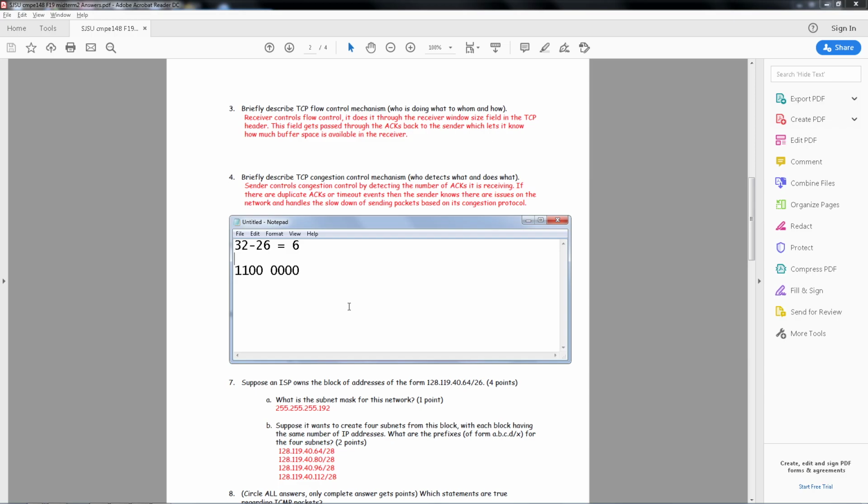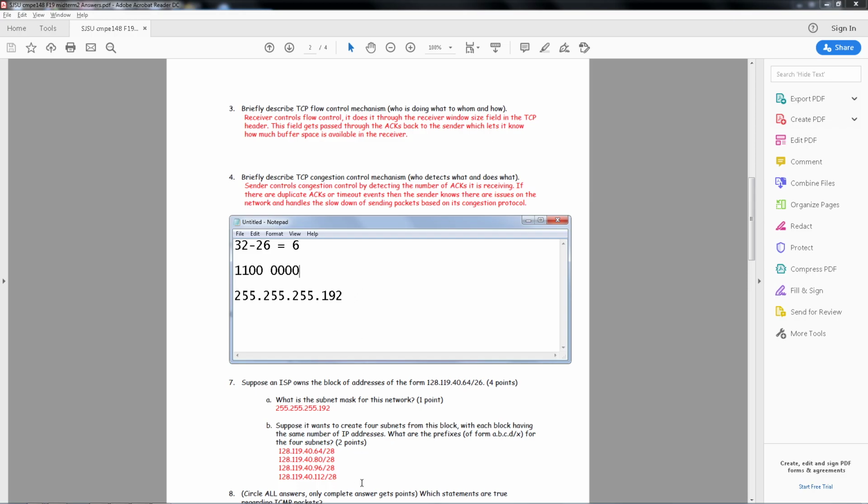So everything else is all ones. That means this is 255.255.255, and the very last one must then be a 192, because this is, if you didn't know, 128 plus 64. These two right here indicate that, which gives us 192.